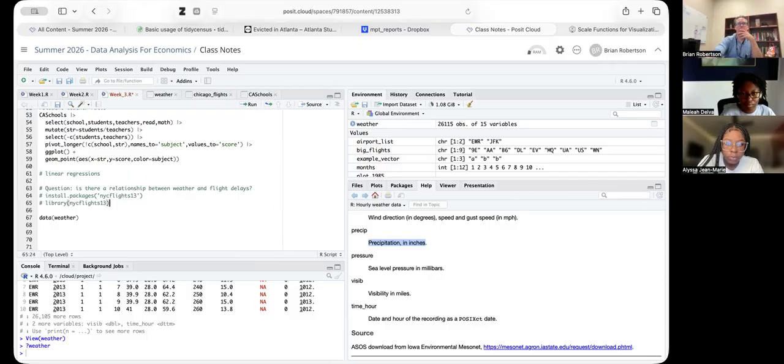So you may need to install that package and then run that library, and then we'll do data flights. That should get you flights, and then this next one should get you weather. I had mine automatically loaded, but you may not have that loaded in your environment. Let me know when that is done running.